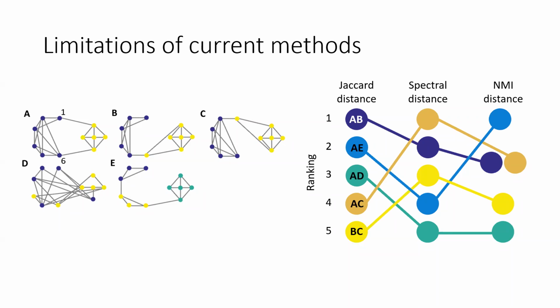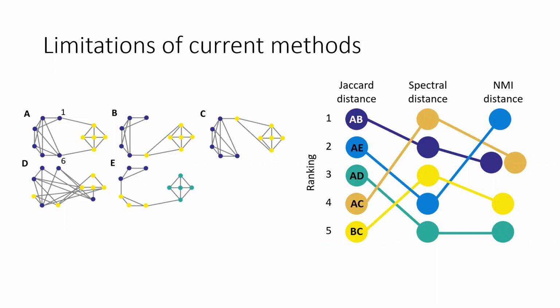So looking at network A and specifically at the blue community, we can see that node 6 is quite connected within that community. It connects to all of the nodes except for node 1. But on the other hand, node 1 is only connected to 2 of the nodes. So it's, in a sense, more on the periphery of that community.